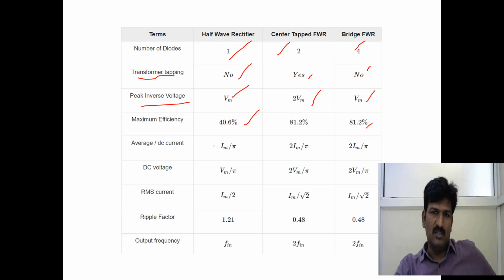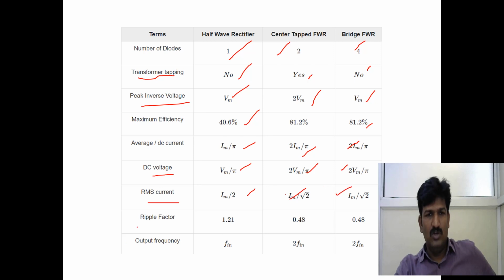Average DC current: Im by pi for the half wave rectifier, 2 Im by pi for the center tapped, and the bridge rectifier is also 2 Im by pi. DC voltage, or average voltage: Vm by pi, 2 Vm by pi, 2 Vm by pi. RMS current: Im by 2, and Im by root 2, Im by root 2.